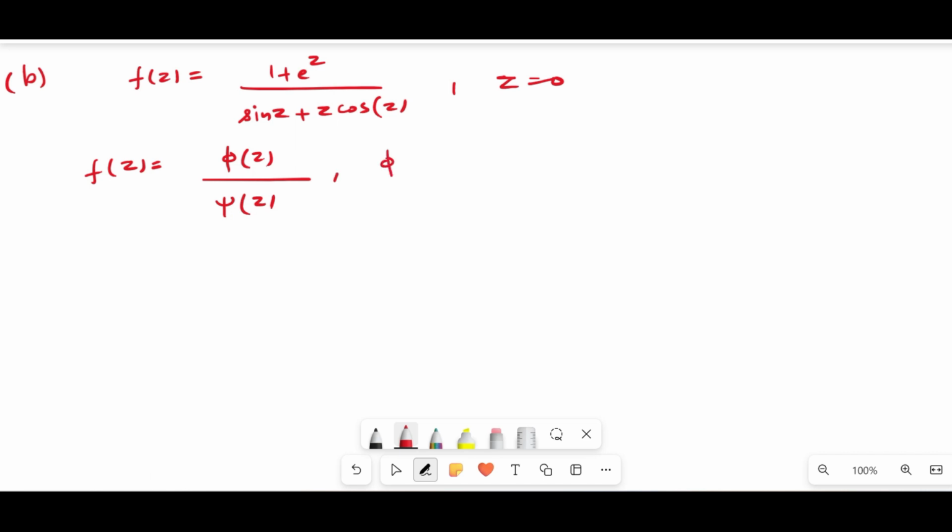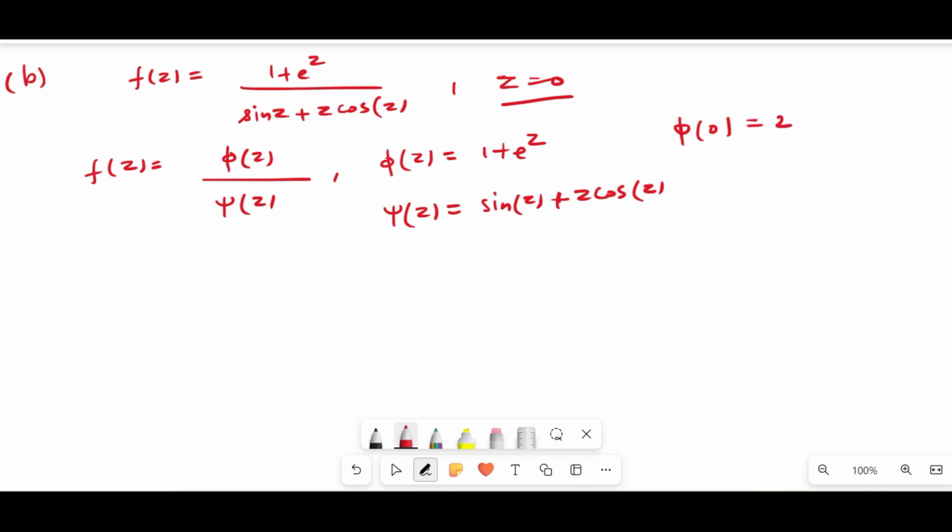By comparing, phi of z is 1 plus e to the power of z, and psi of z is equal to sin z plus z cos z. So here at the point 0, phi of 0 is equal to 2, which is non-zero, but psi of 0 will give 0 plus 0, that becomes 0.